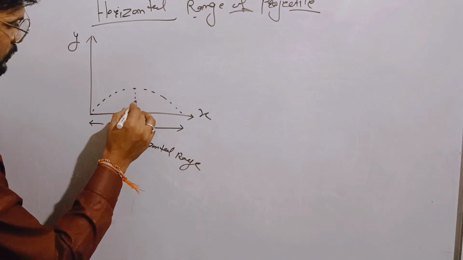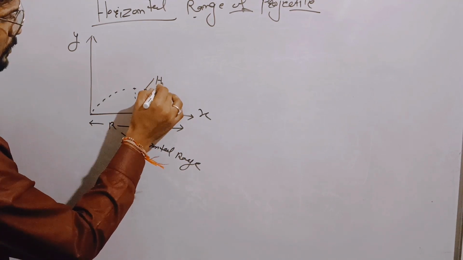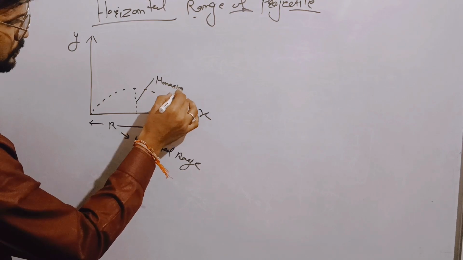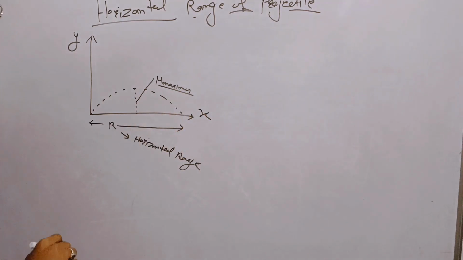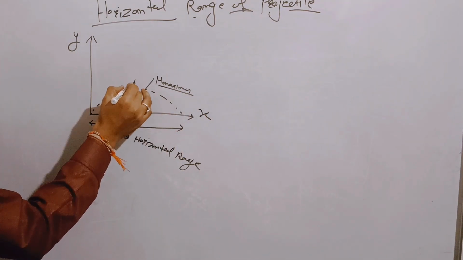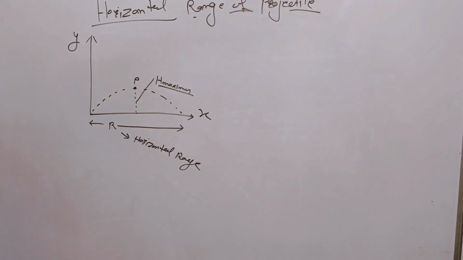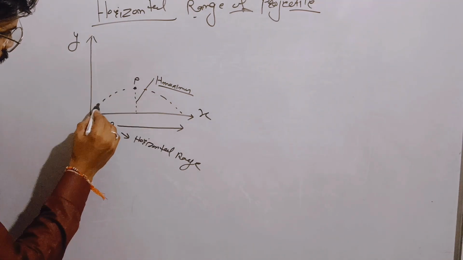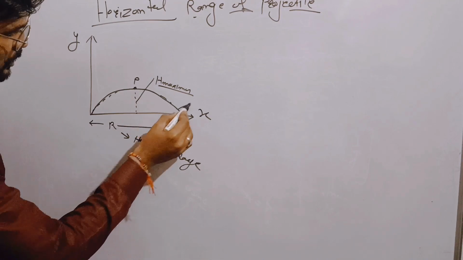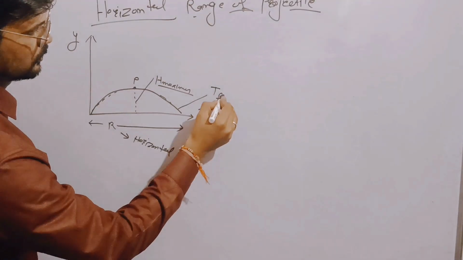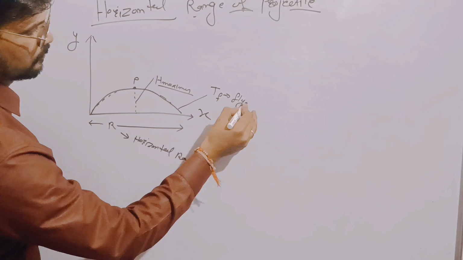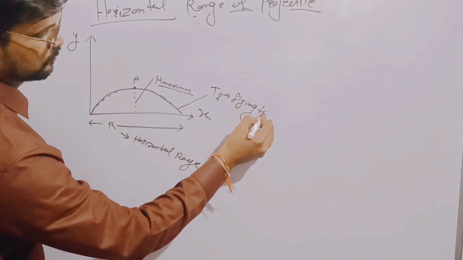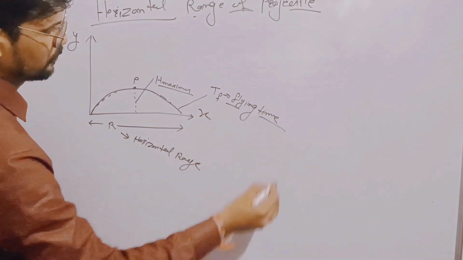This is the maximum height, the maximum point for the height, and this is the projectile path, and TF is the flying time.